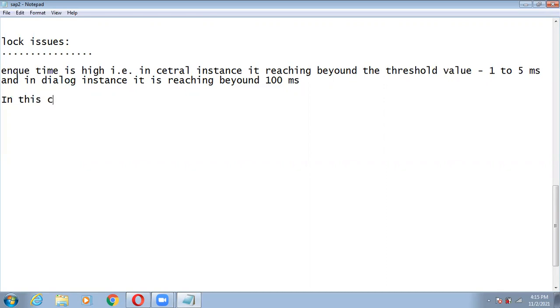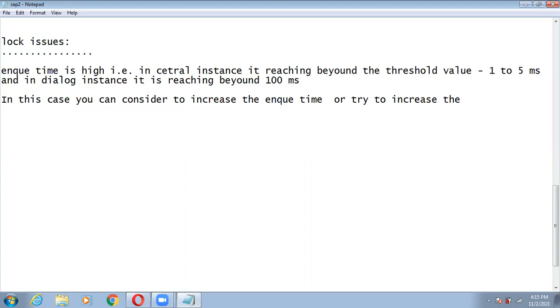You can consider increasing the NQ time, or try to increase the NQ process, the NQ process which shares the same lock table.